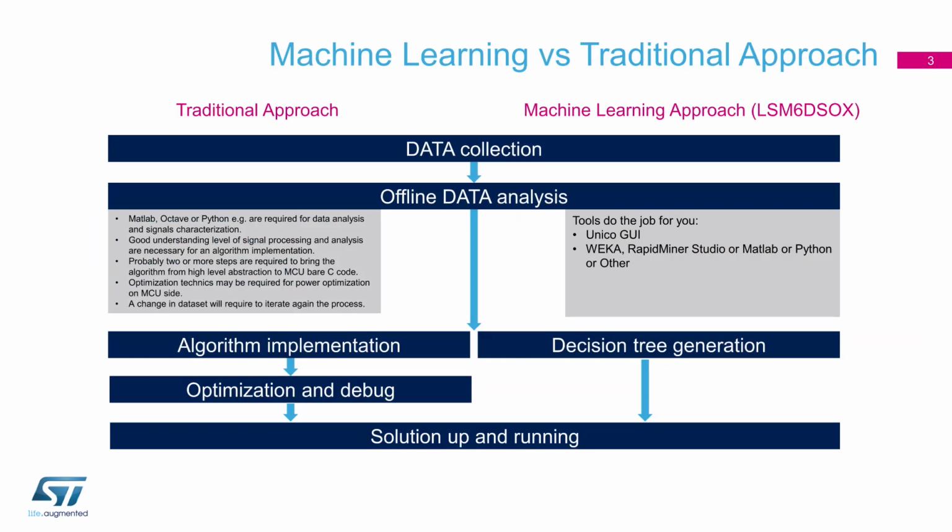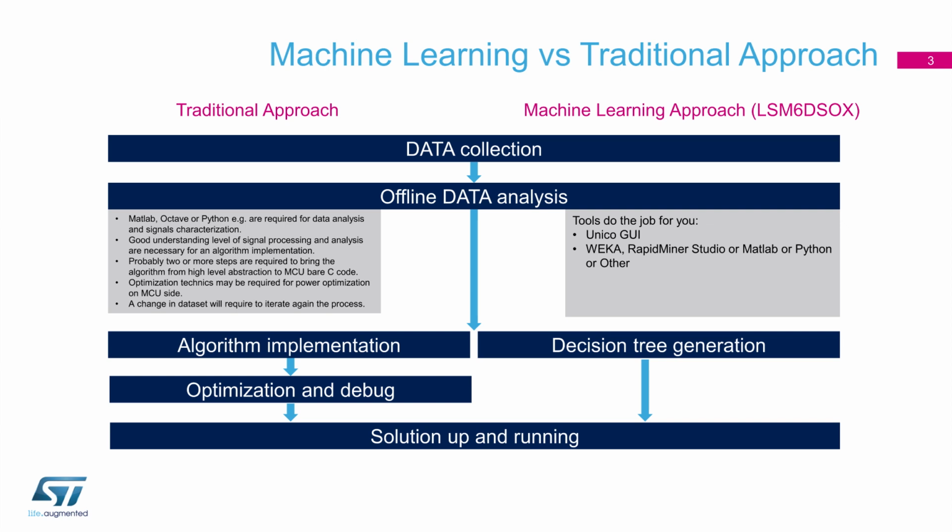This slide is meant to summarize a high-level comparison between a traditional approach versus a machine learning approach, in particular the one available with LSM6DSOX. As you can see, the main difference here is related to the offline data analysis.